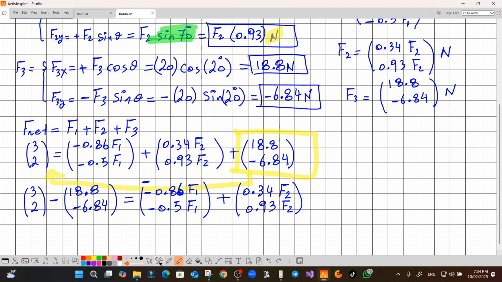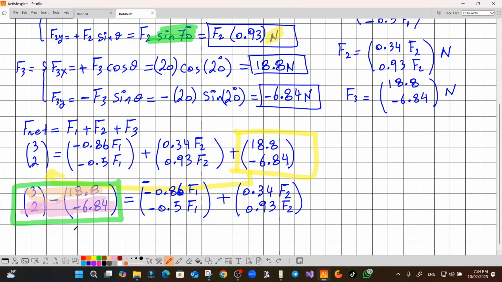Now we can simplify this side such that we subtract the first line with the first line, and the second line with the second line. Pay attention to the minus. Here we need to subtract. So 3 minus 18.8 and 2 minus 6.84.